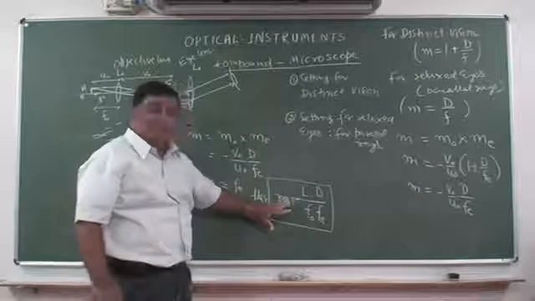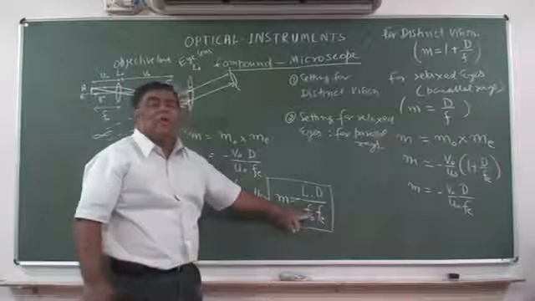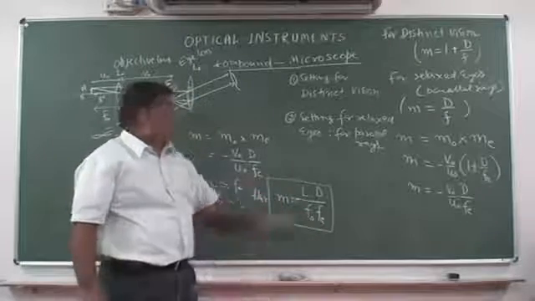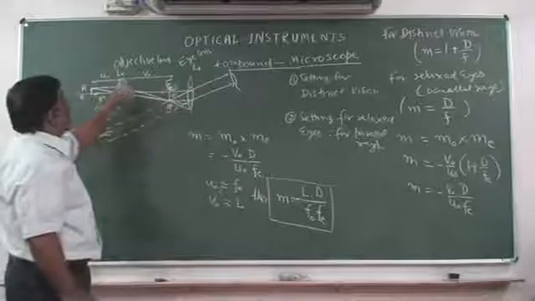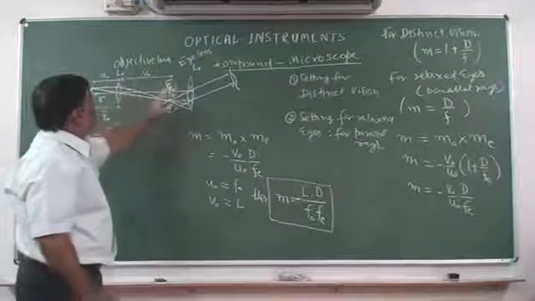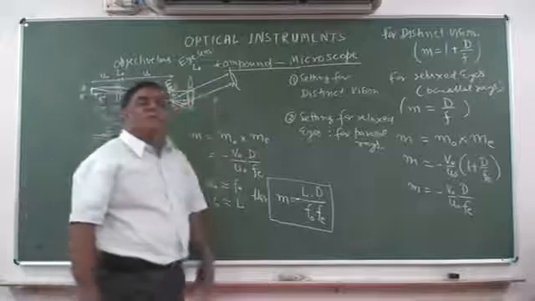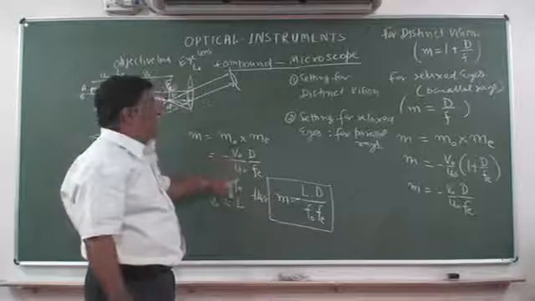So this formula shows the relation with focal length: the focal length should be small for the objective as well as for the eyepiece. The length should be large. If the length is large, then V0 will be large. If V0 is large, then this size will increase, the total magnification will increase.